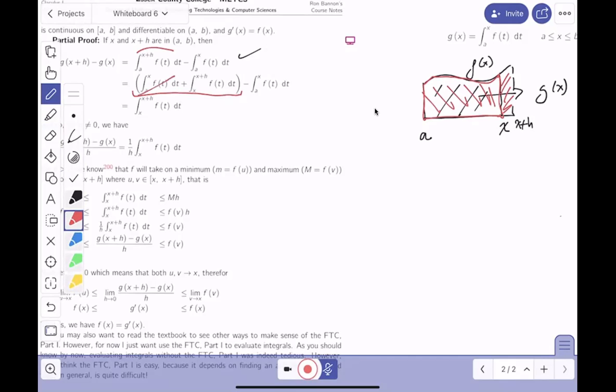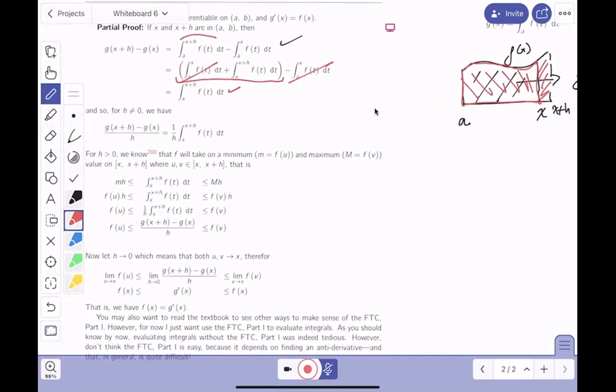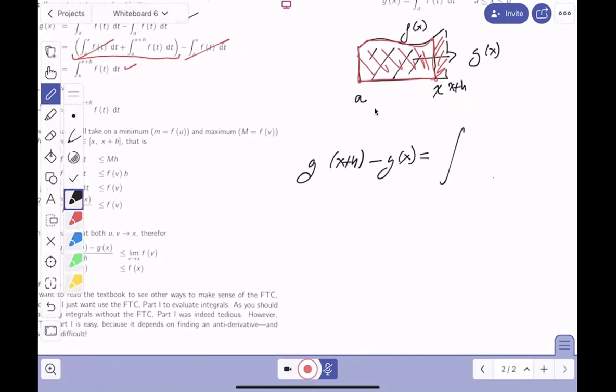This guy and this guy will now disappear. So we're left off with g of x plus h minus g of x is going to be the integral from x to x plus h of f of t dt.